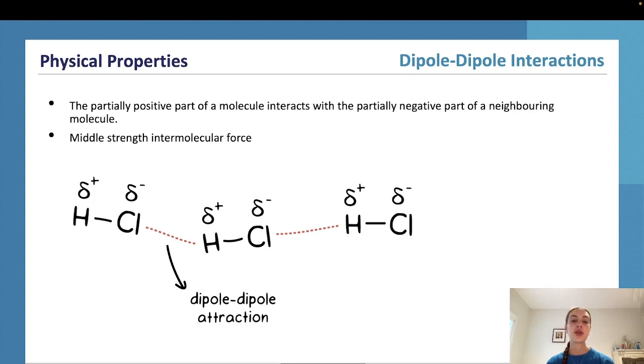This leaves the protons towards the hydrogen part of the hydrochloric acid molecule, giving it what's known as a temporary dipole, where one side of the molecule is temporarily negative and the other side is temporarily positive. This means that the hydrogens from the hydrochloric acid molecule are attracted to the chlorines of neighboring hydrochloric acid molecules, forming the dipole-dipole interaction force.